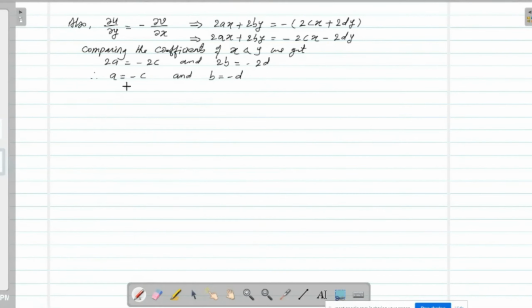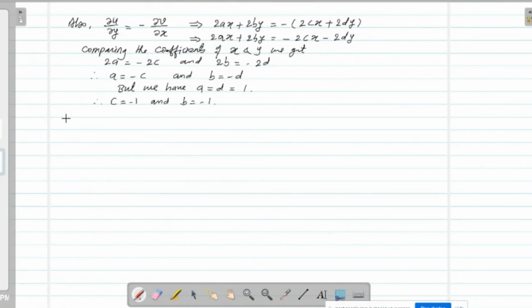So a is equal to d is equal to 1. Therefore c is equal to minus 1, because a is 1, and b is equal to minus 1.